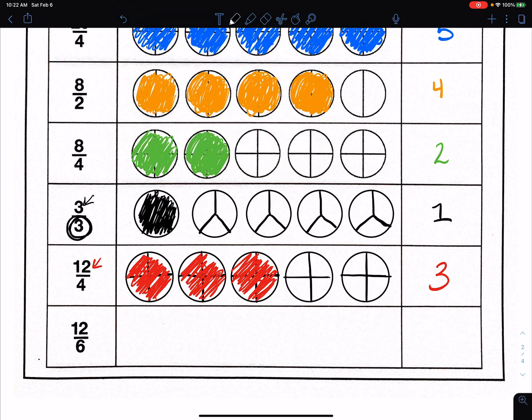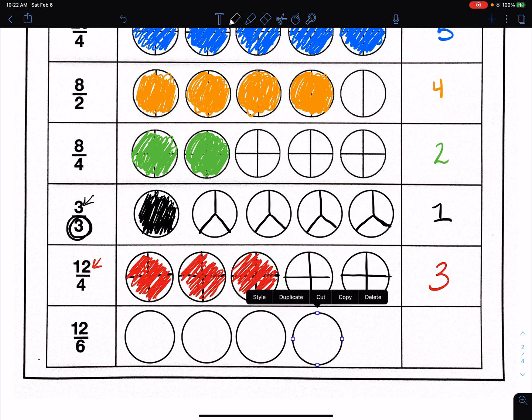Alright, so this last one, 12 over 6. Again, pause this video and try this one, and then come back and check yourself. So I'm going to continue to use circles. And then I know that I need to divide these circles into 6.